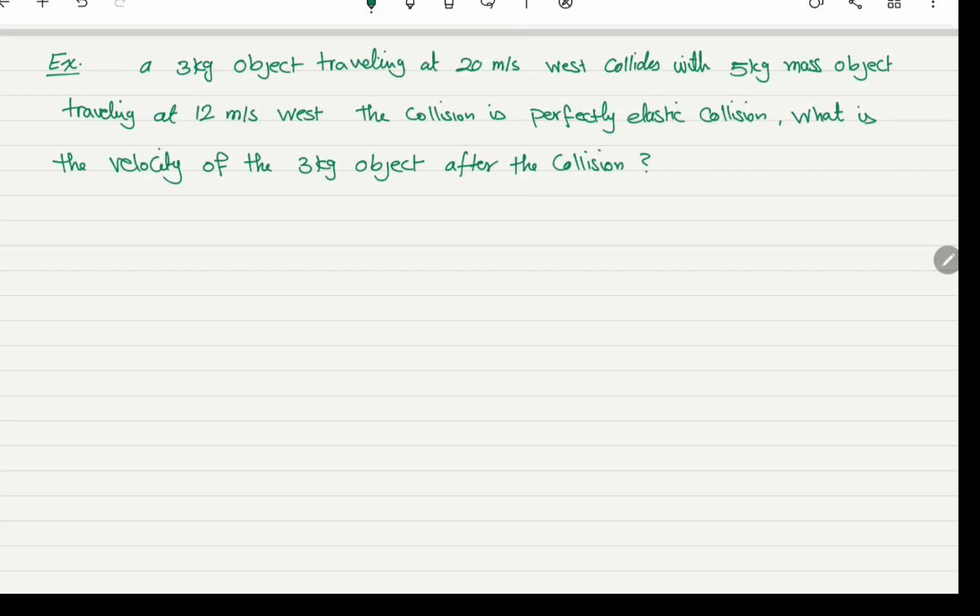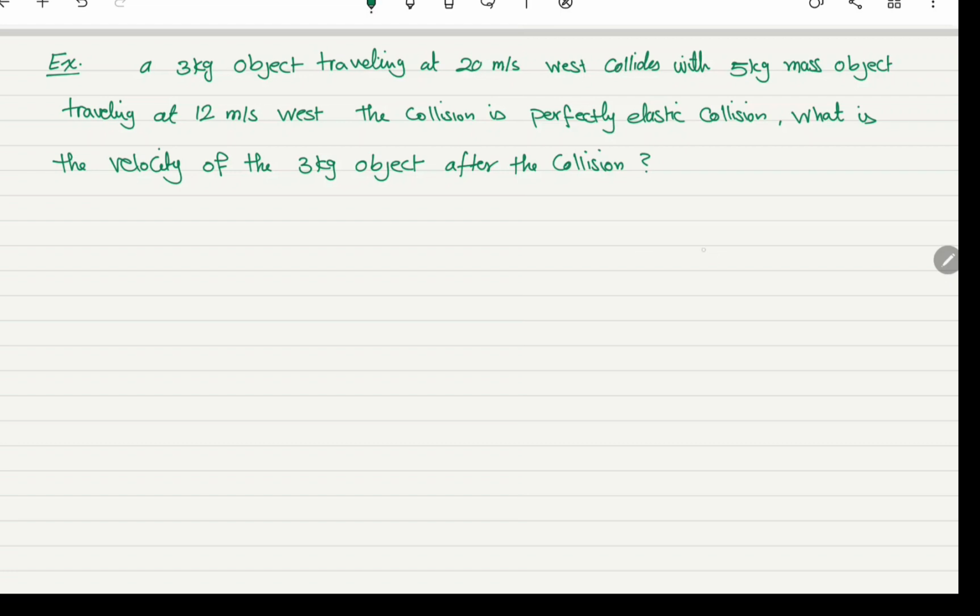Now let's have an example. A 3 kilogram object traveling at 20 meters per second west collides with a 5 kilogram object traveling at 12 meters per second, again to the west. The collision is perfectly elastic. What is the velocity of the 3 kilogram object after the collision?